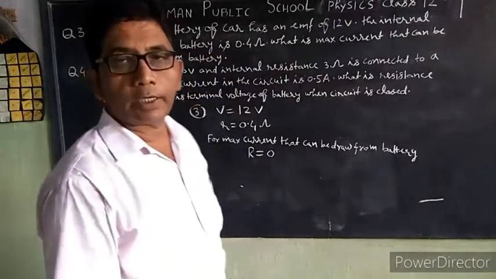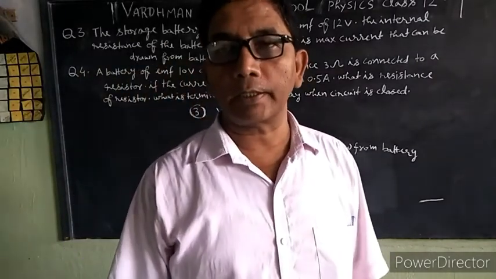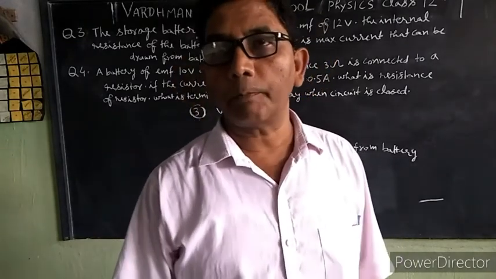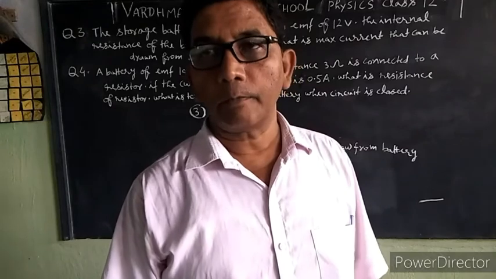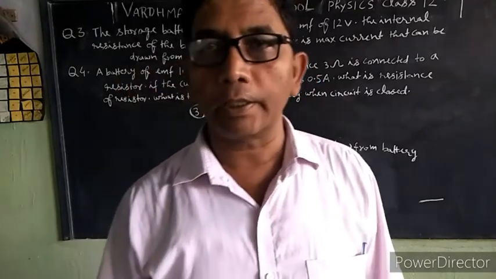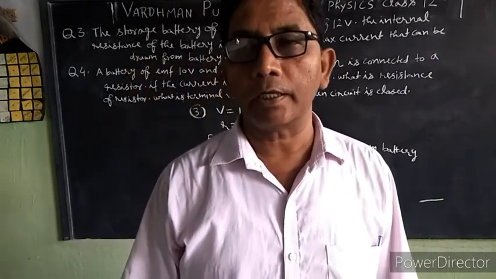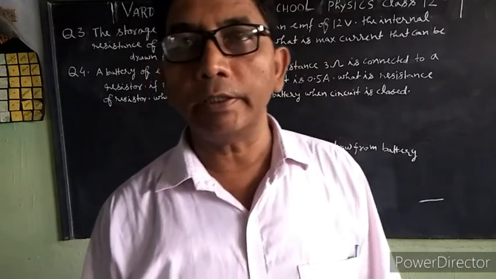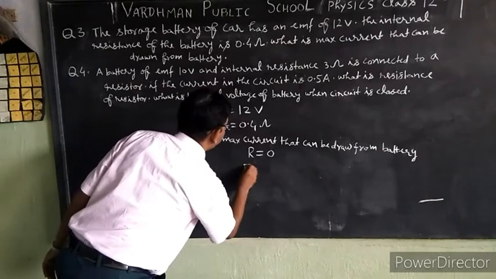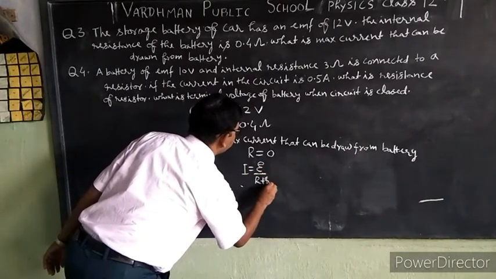Since we know the relation between electric current and internal resistance: I is equal to E upon capital R plus small r, where capital R is the external resistance, small r is the internal resistance, I is the current, and E is the EMF.